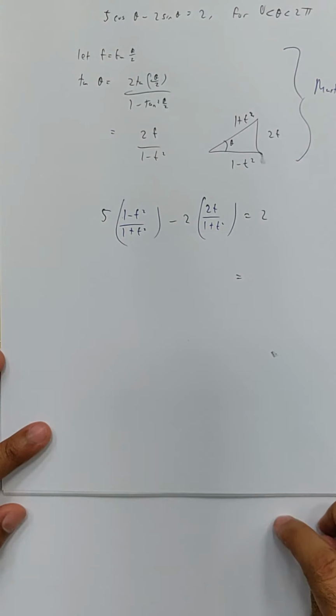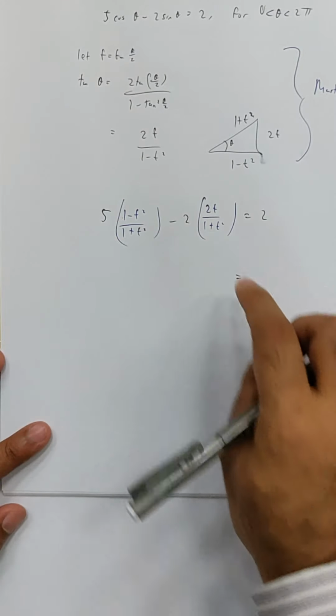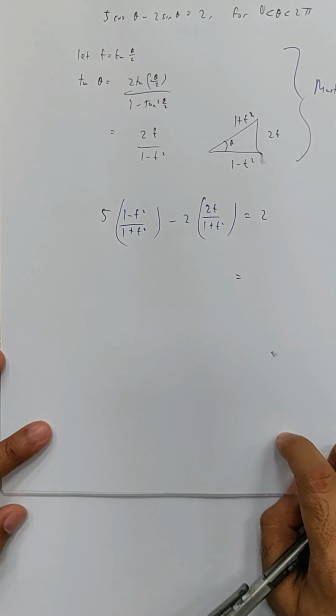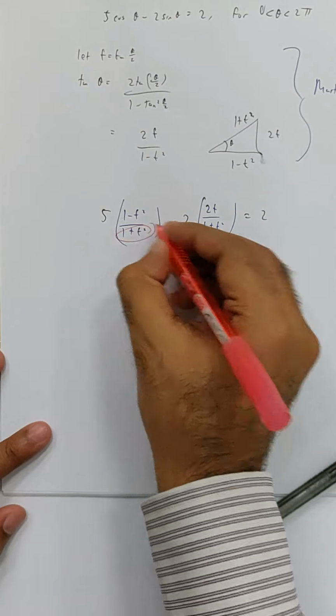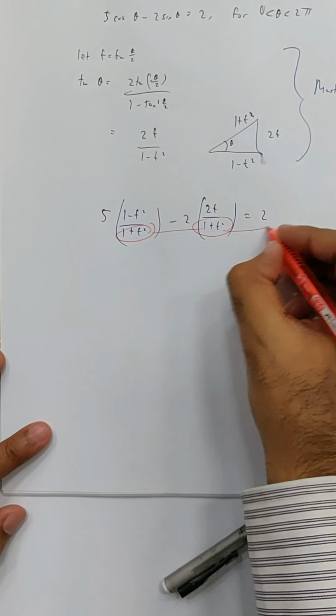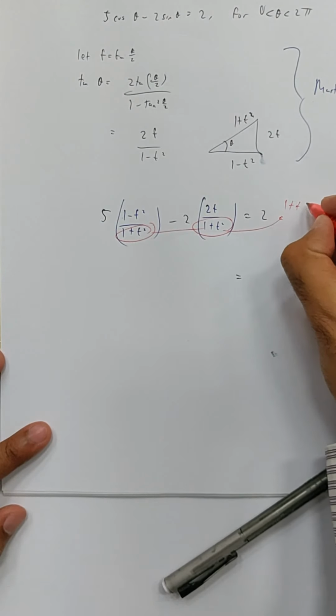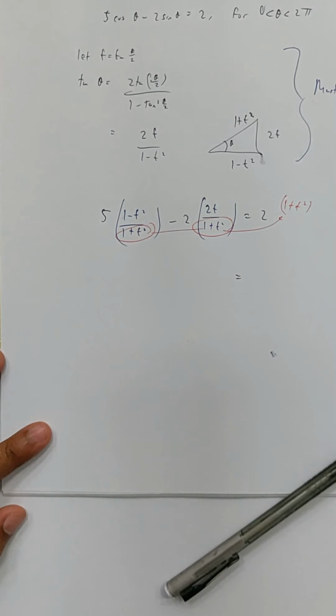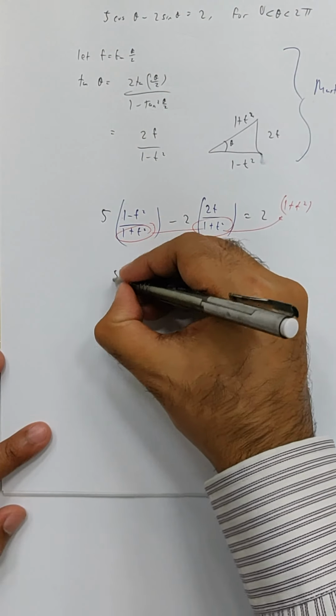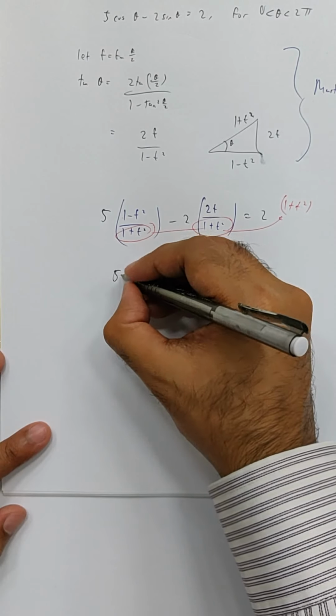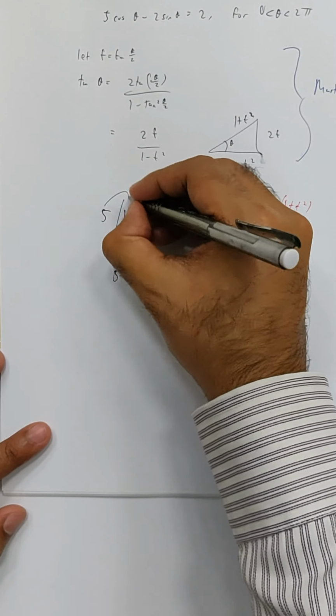So how do you solve from here? We never like fractions, so what do we do? This thing here, you multiply by 1 plus t squared. Five minus 5t squared, simply.